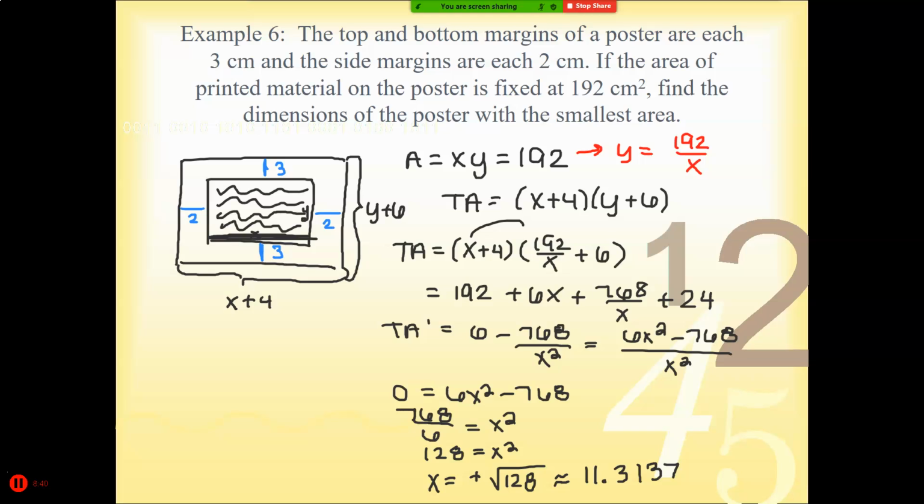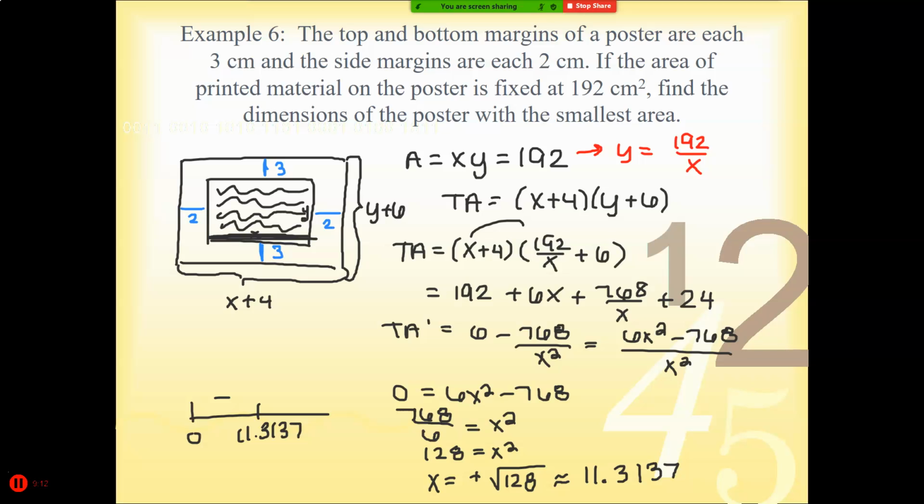And since we only have one answer, this is the answer that will make this the smallest. You could confirm that if you wanted by putting 11.3137 on a number line and comparing the signs to the left and to the right. So what I mean is if you plugged in something like 1, 6 minus 768 is in fact negative.